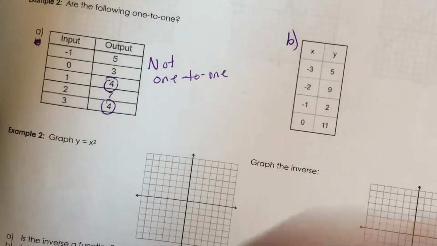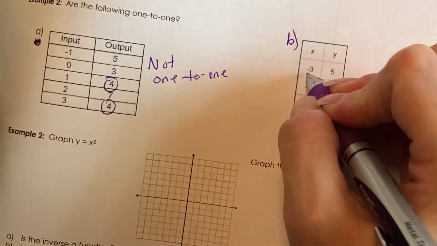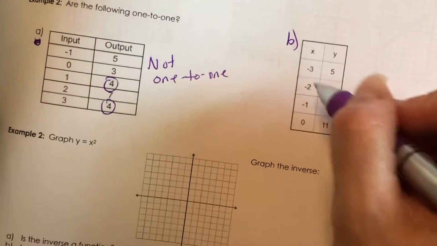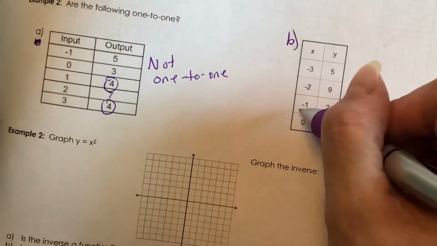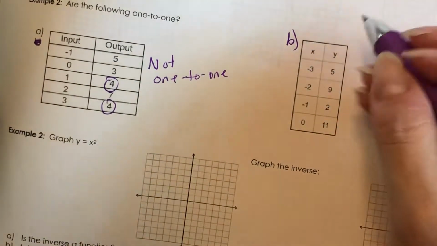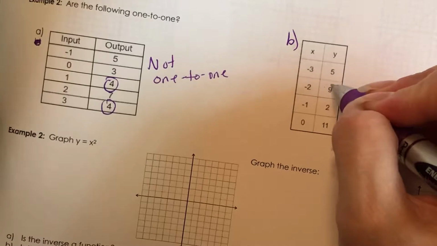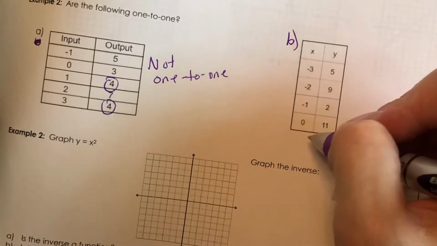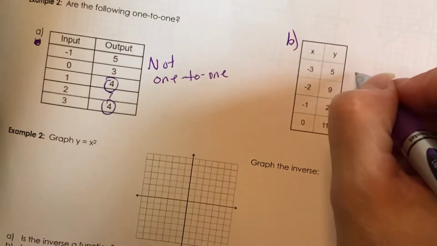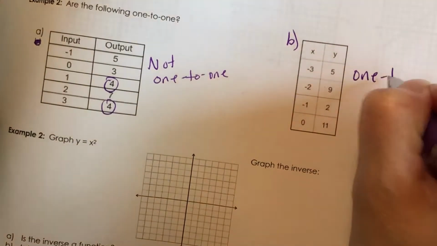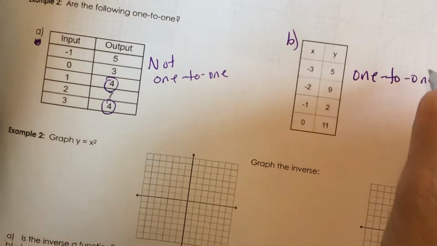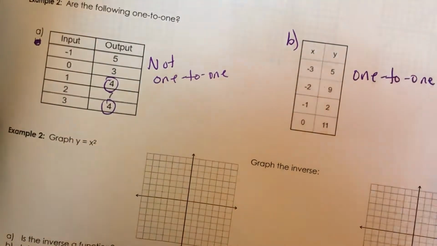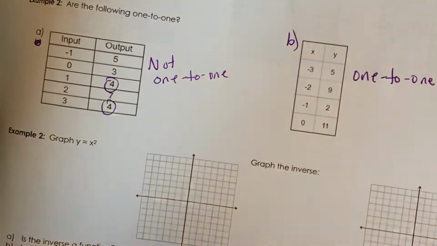And then when I look at the y column, each y has to be matched with exactly one x. So 5 is with -3, 9 to -2, 2 is -1, 11 is matched with 0. I do not see a y showing up more than one time in this table being matched with two different numbers. So this one is one-to-one, because each x is matched with exactly one y, and each y is matched with exactly one x.